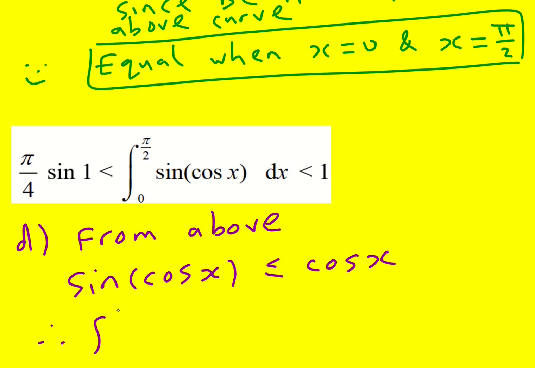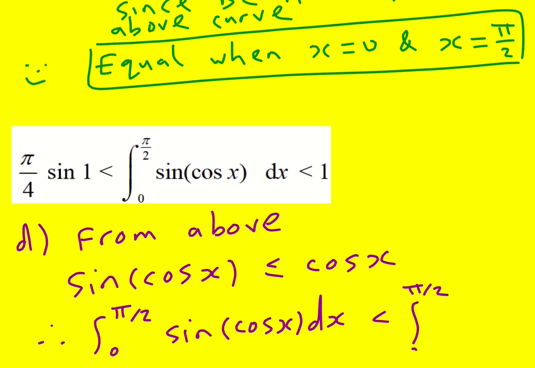And therefore, the integral is going to be less than the integral of cos x.